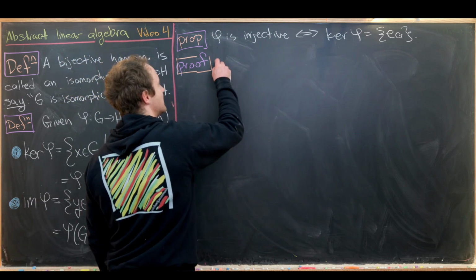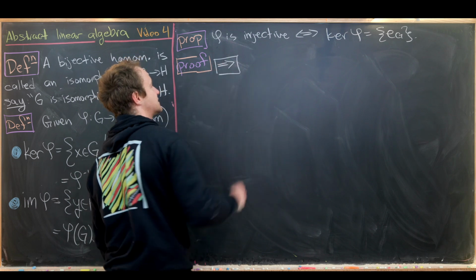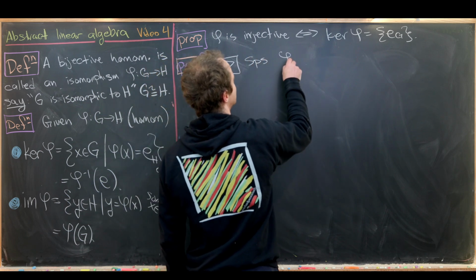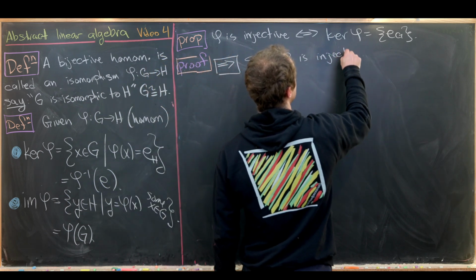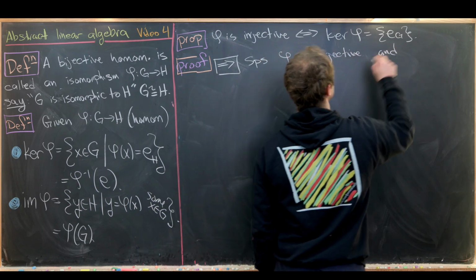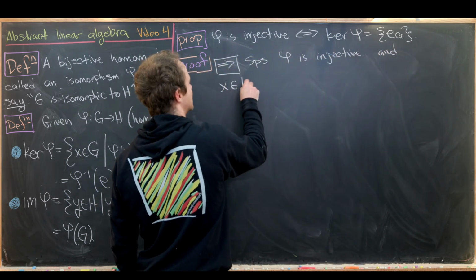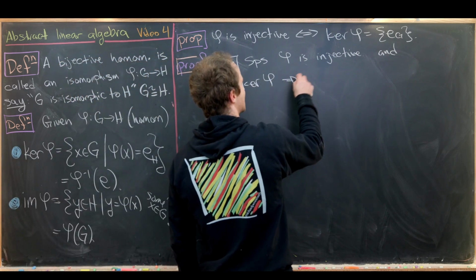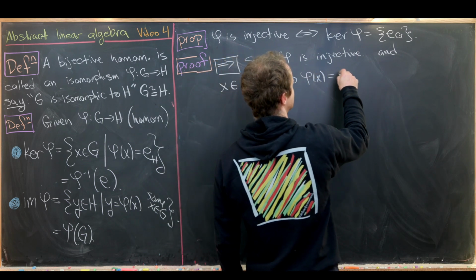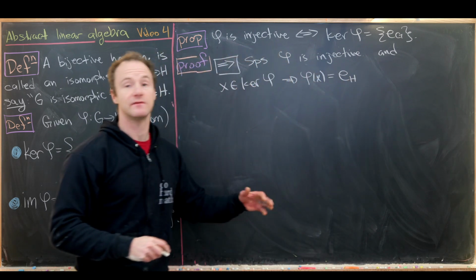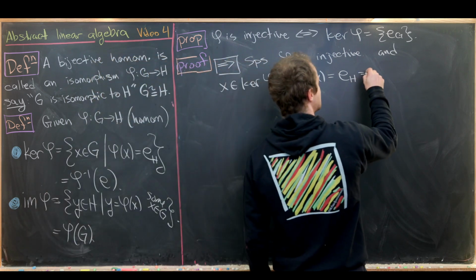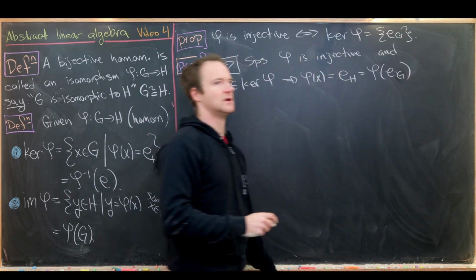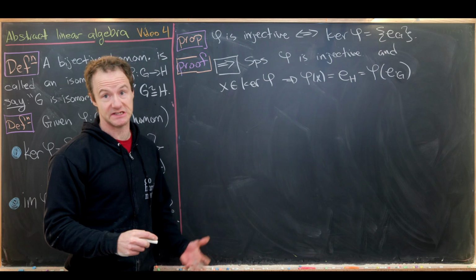We have an if and only if statement, so that means we need to prove two directions. Let's prove this forward direction first. So let's suppose that phi is injective and X is in the kernel of phi. Okay, but let's notice that means that phi of X is equal to E_H, right? That's what it means to be in the kernel. But E_H is the same thing as phi evaluated at E_G. That's by a previous result that we proved today.